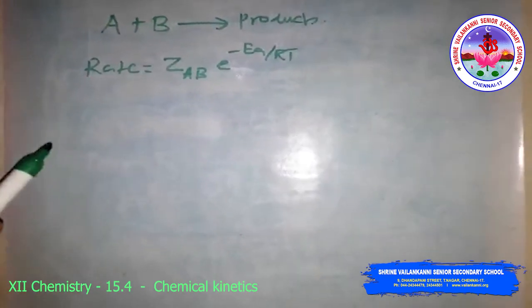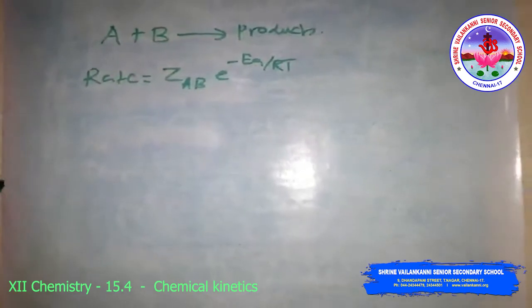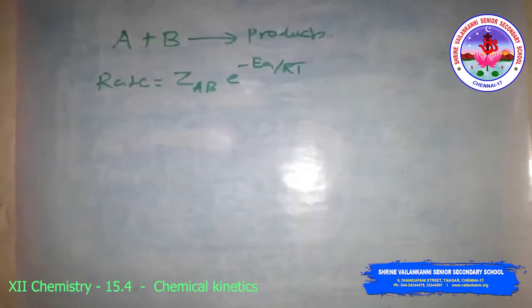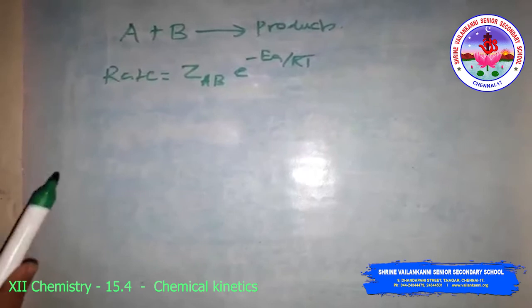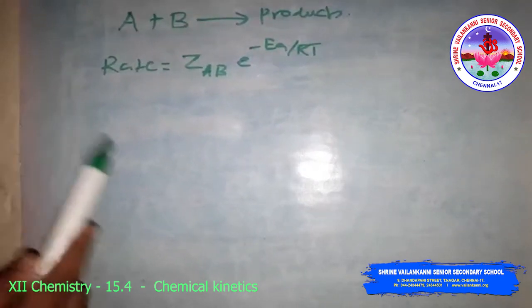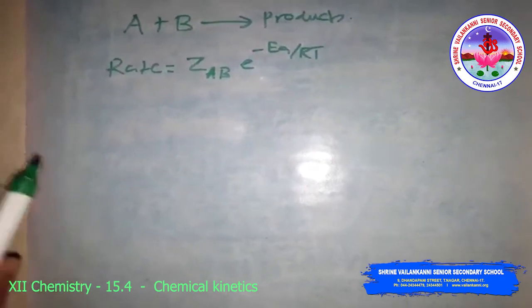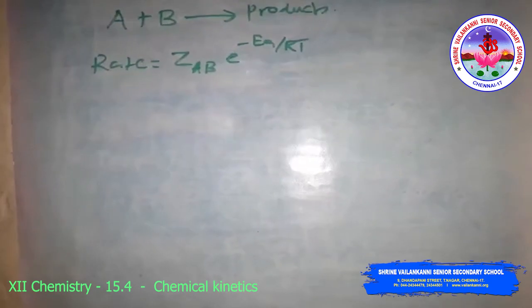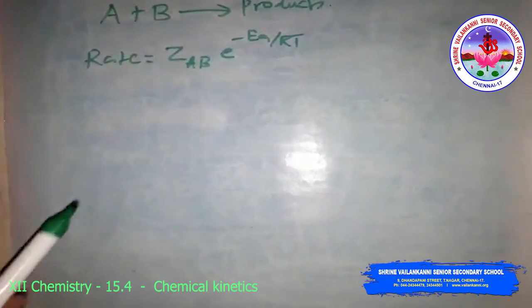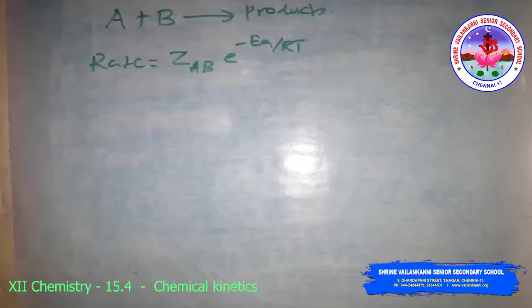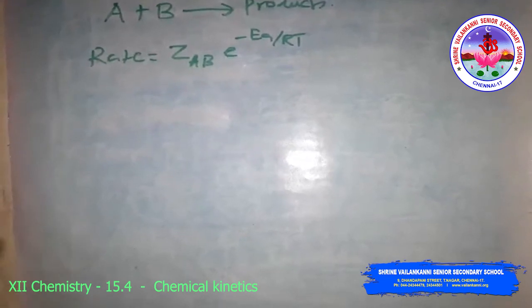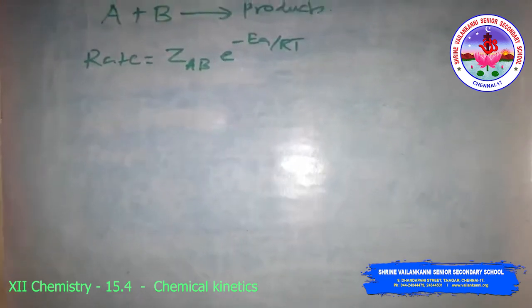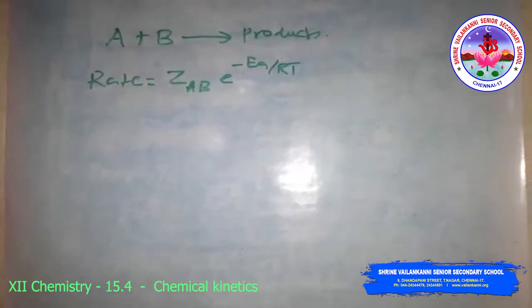The reason could be that not all collisions lead to the formation of the product. The collisions in which the molecules collide with sufficient kinetic energy and proper orientation, so as to facilitate breaking of bonds between the reacting species and formation of new bonds to form the products, are called effective collisions.